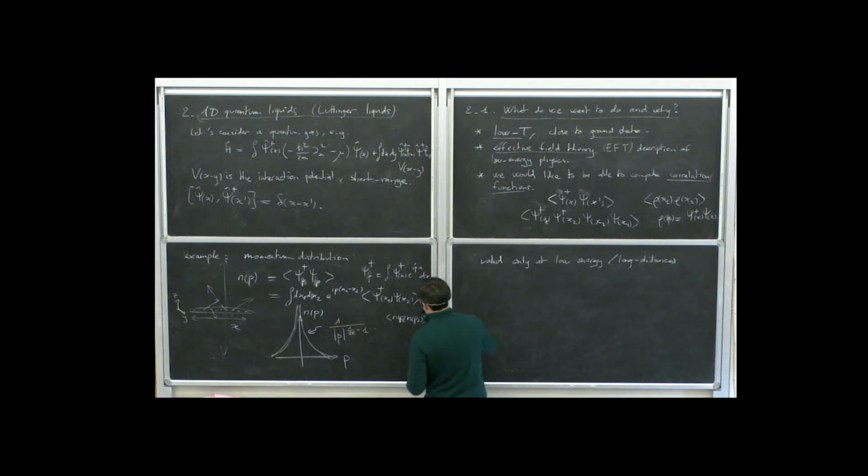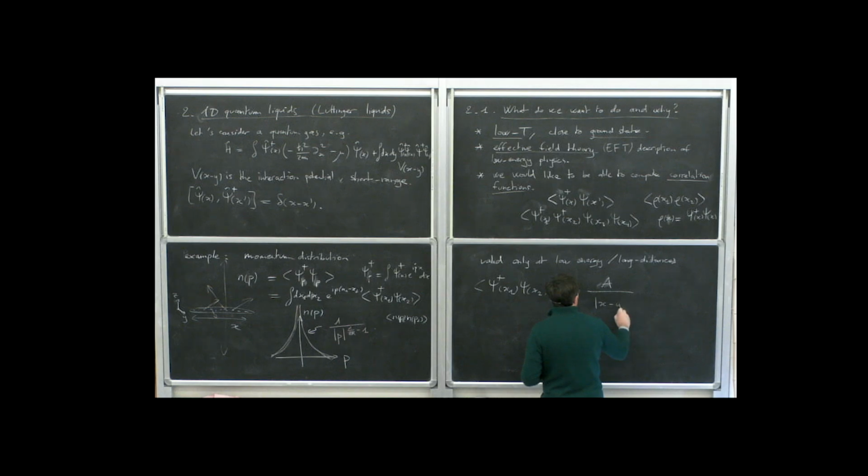So in particular, for instance, this quantity we get as the Fourier transform of this quantity, and what we will derive in a second from field theory is that this goes as some constant, let's call it A, that we do not know and needs to be extracted from the concrete microscopic model.